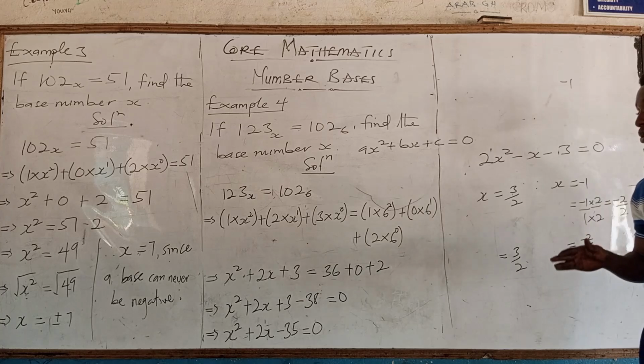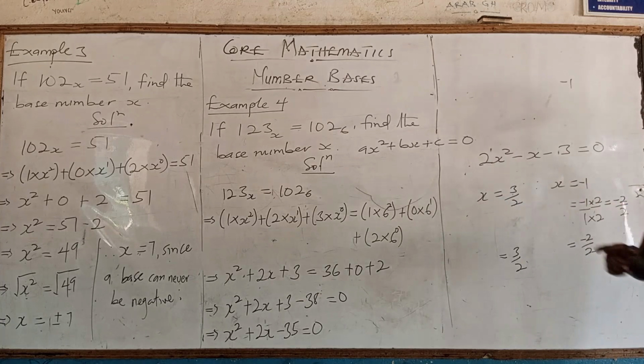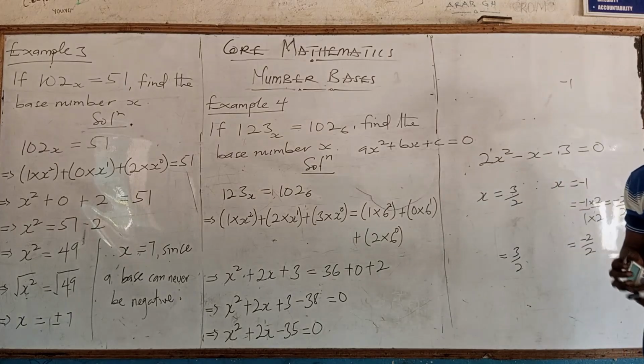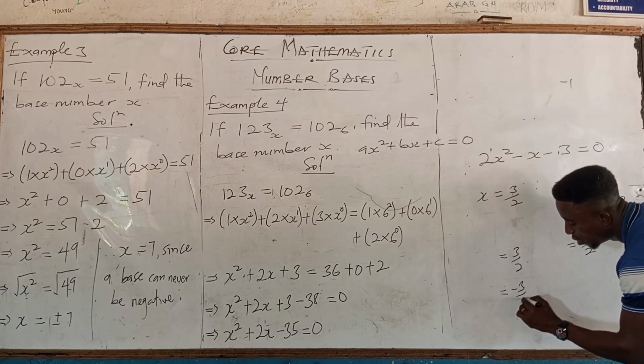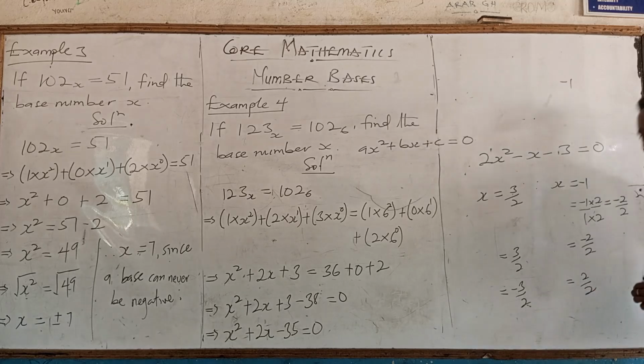All that I mean is the denominator of the answers should be the same as the coefficient of the x squared. And since the denominators are the same as the coefficient of the x squared, now we change their sign. So changing the sign of this one will have negative 3 on 2, and that of this one will be 2 on 2.